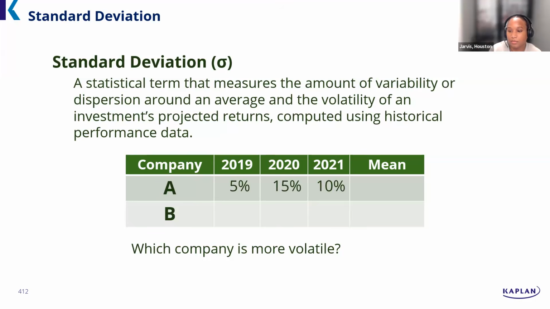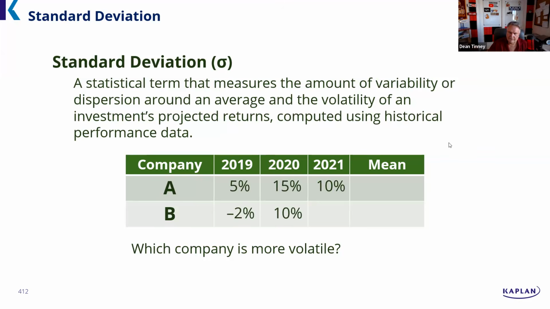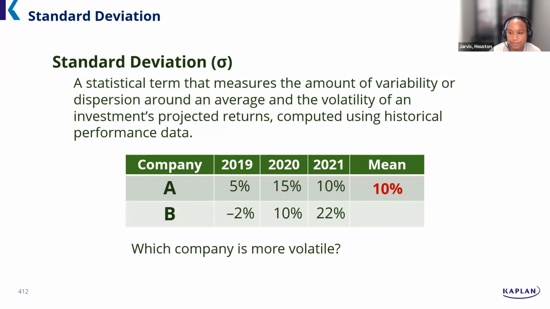I add that up, 30 divided by 3. Company B had -2%, 10%, 22%. I add that up, and when I do the mean, they both have the same average. But which one has the higher standard deviation?